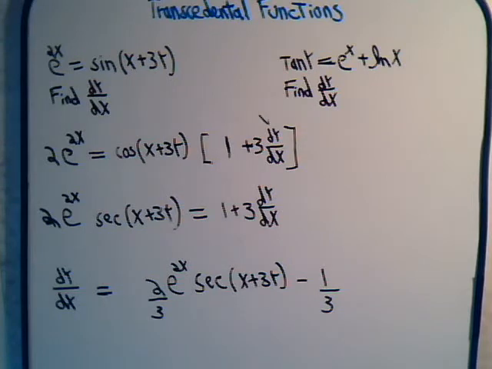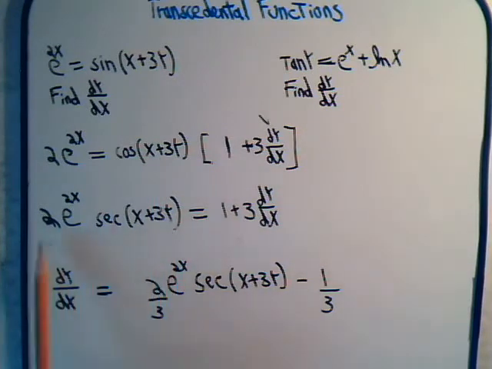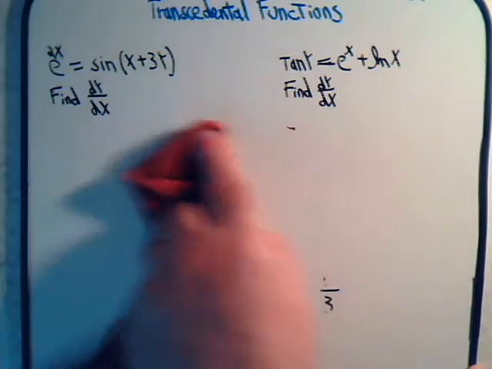Once we do that, the rest of the problem pretty much just falls into place. We're dividing both sides of the equation by this to get this, and then subtract 1 and divide by 3, and there's our answer. Not complicated. We're just using the techniques that you've been using all along, and just following through step by step. So let's see how well it works for this problem here.